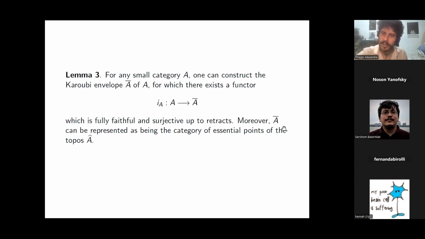Moreover, we can even identify the Karoubi envelope. It can be represented as the category of essential points of the topos of presheaves of A. So it's a way to recover, in some sense, not the category, but the Karoubi envelope of a small category from its topos of presheaves.